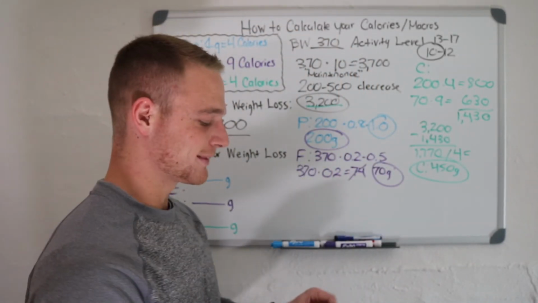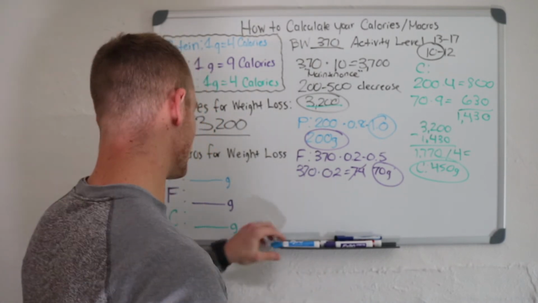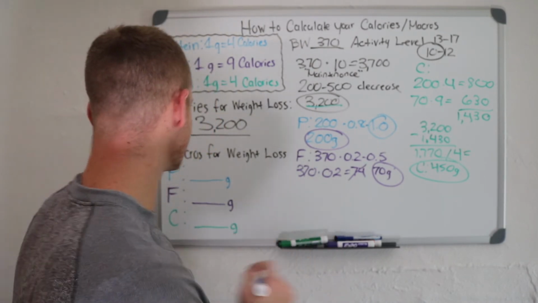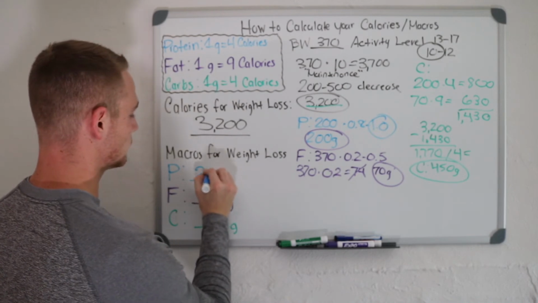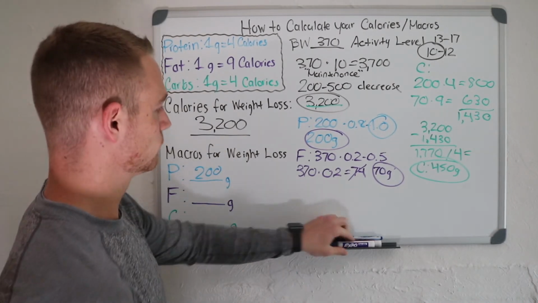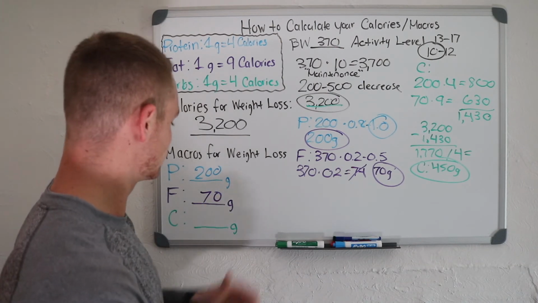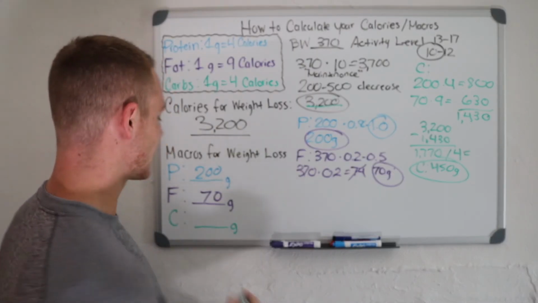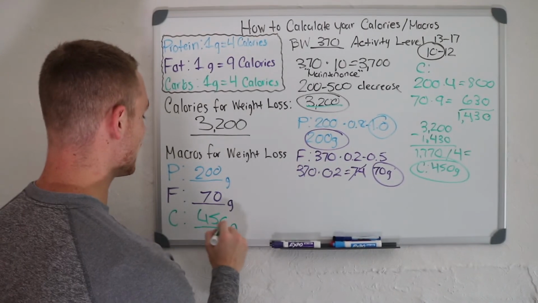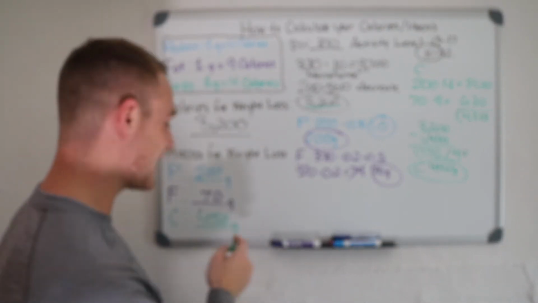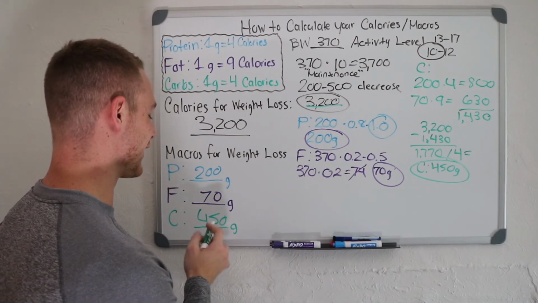His starting macros are 200 grams of protein, 70 grams of fat, and 450 grams of carbs.